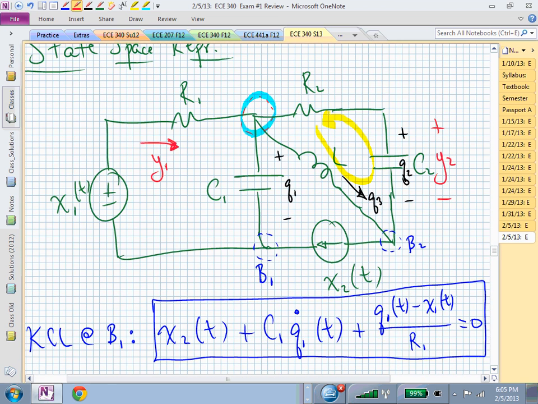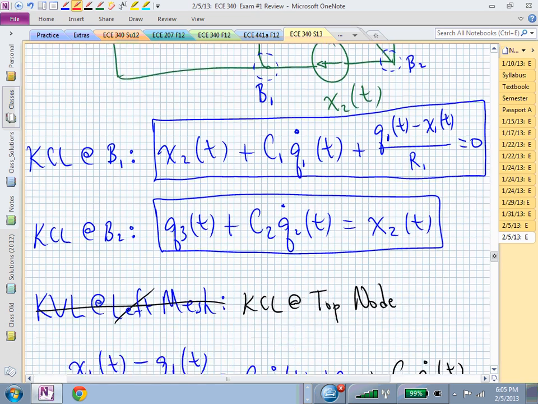The voltage drop from right to left on R sub 2 is minus this current going down through there. We have that current as C sub 2 Q sub 2 dot, right? So we're going against that.